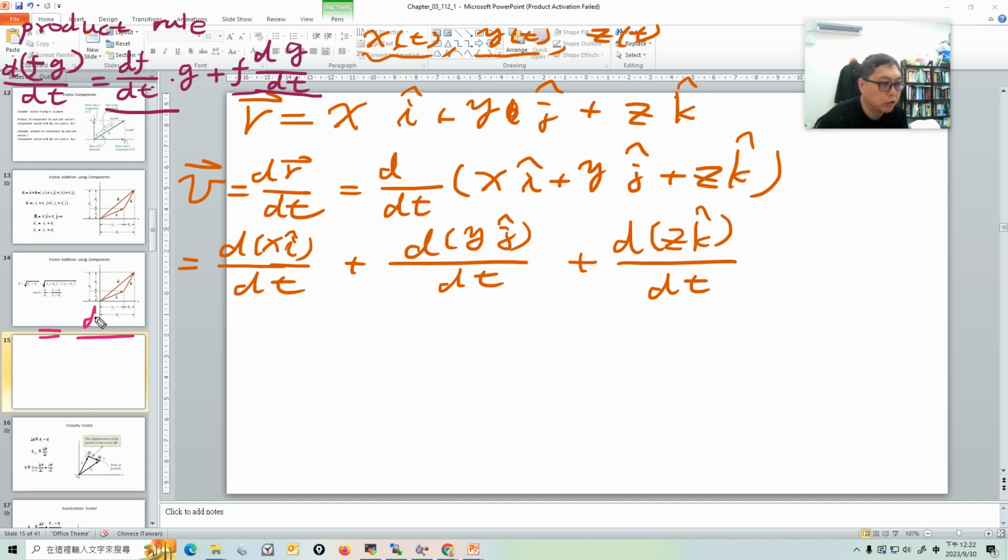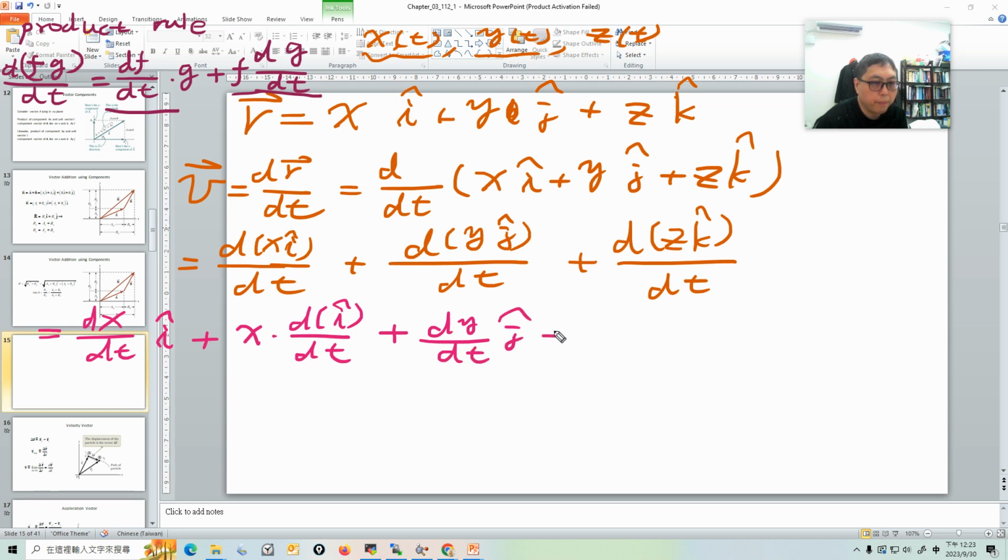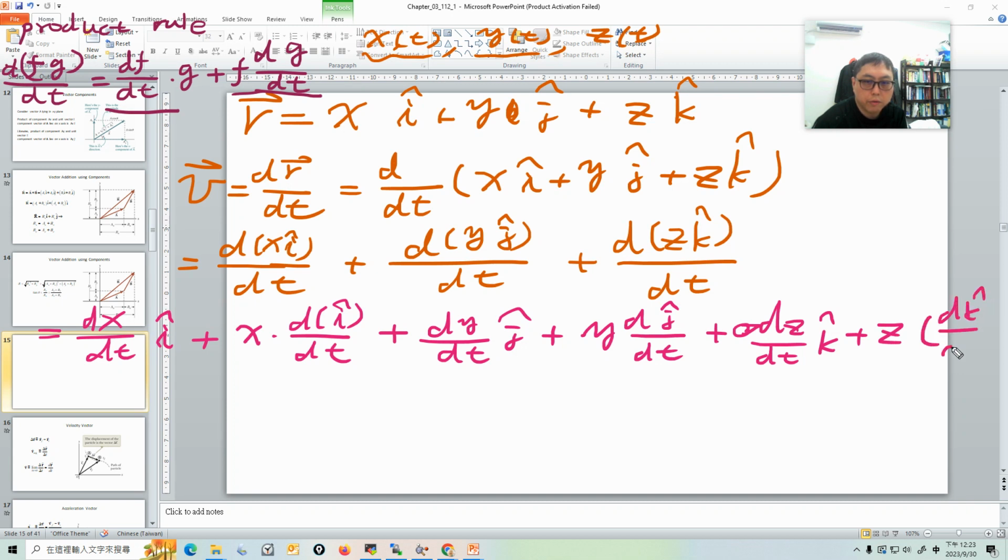We have dx/dt i plus x times di/dt. And a similar thing will happen in the y direction, and the z direction: dz/dt k plus z times dk/dt.